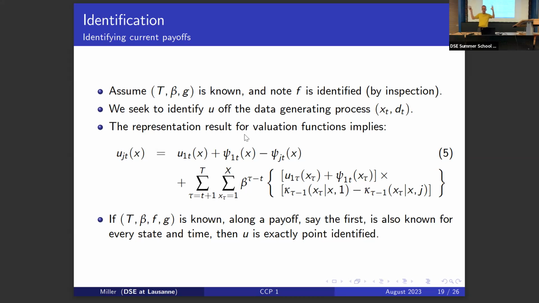Now think of a static model for a minute. You only identify differences in utilities, right? Obviously. And then there is a correction term here, okay, to reflect whether these are optimal or not.